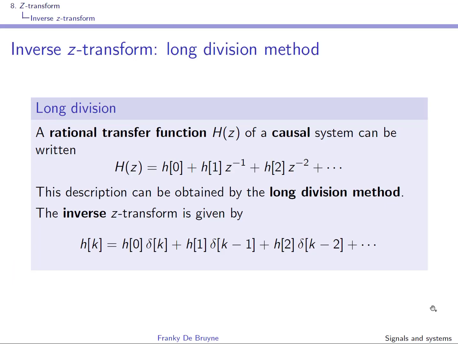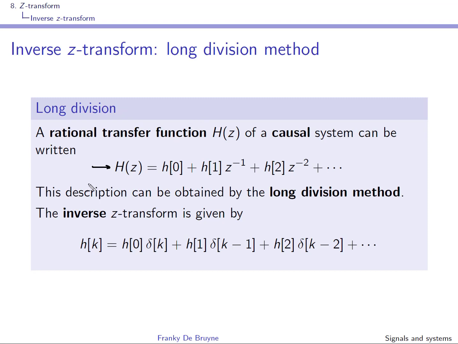Well, we will now start a subsection on the inverse Z transform. It's very important to master this inverse Z transform because you need it to go back to the discrete time domain. So one of the methods that can be used is the so-called long division. If you have a rational transfer function H(z), you can obtain the following description by doing the long division of the numerator polynomial divided by the denominator polynomial.